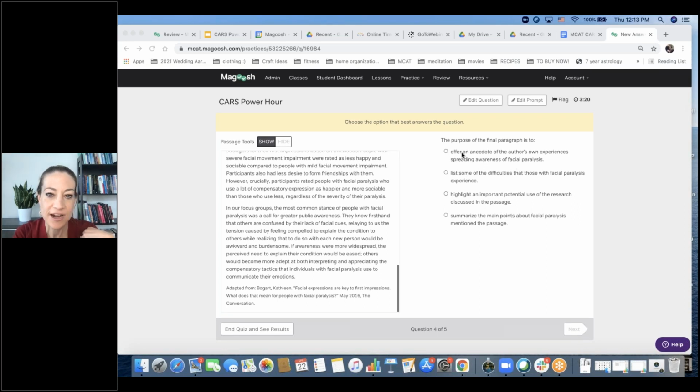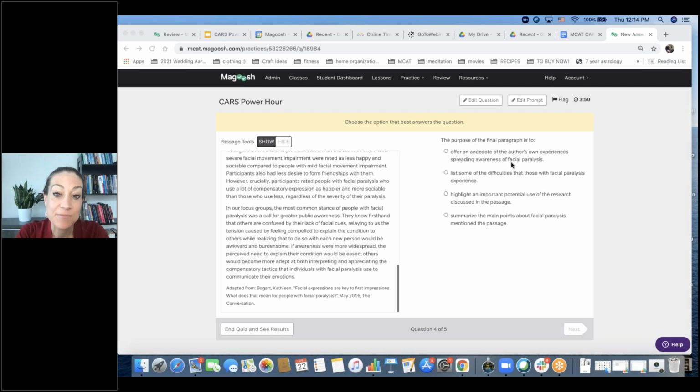So those two are actually pretty close in frequency. So offer an anecdote of the author's own experience spreading awareness of facial paralysis. Well, that's not really the purpose. So there's a focus group, but no public awareness is really being spread. Not yet. That's what the call is to do.